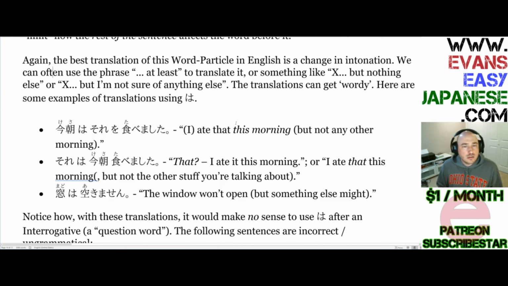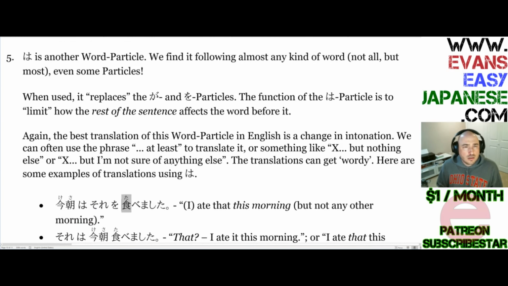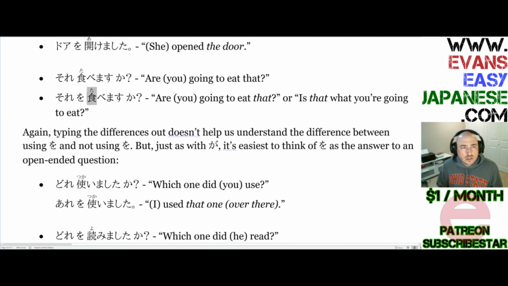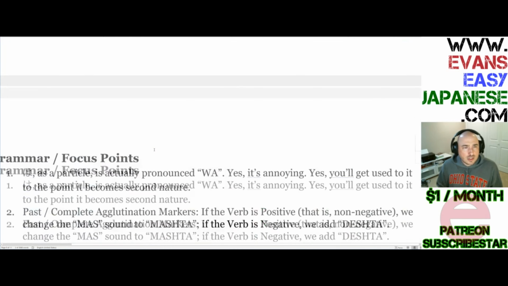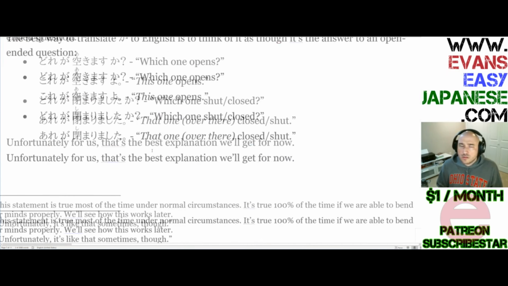For the first sentence all we have is wa sore o and then beimashita. It doesn't have the kanji for morning, or the eat kanji. It's weird. All of them are like that. Everything.